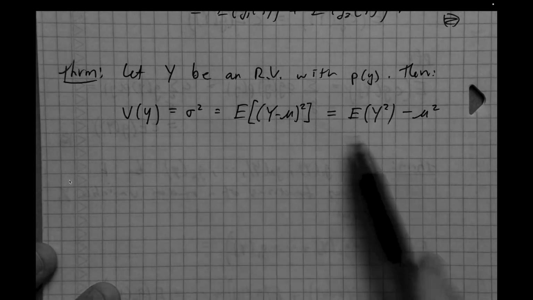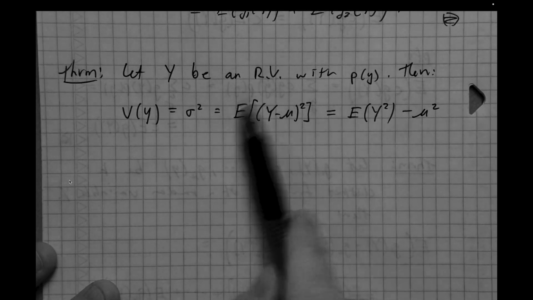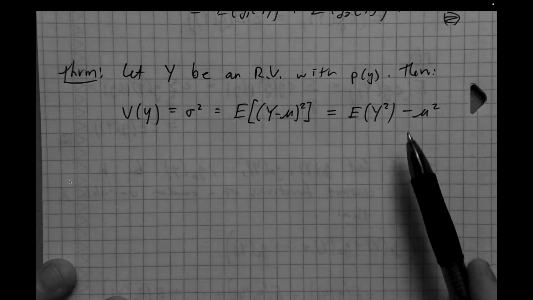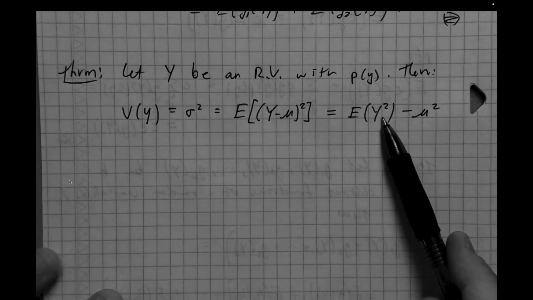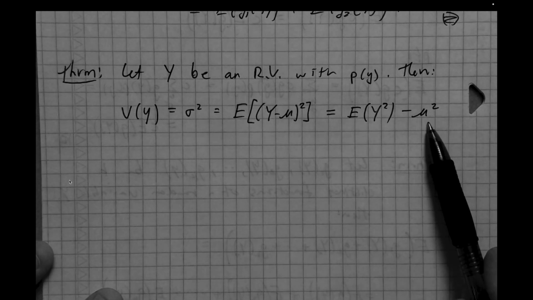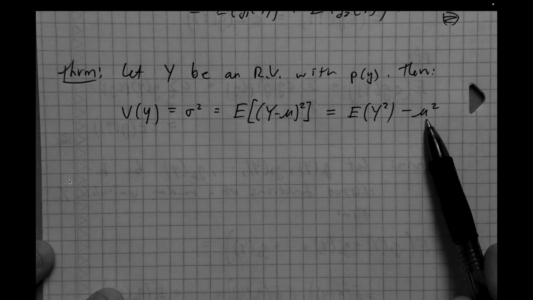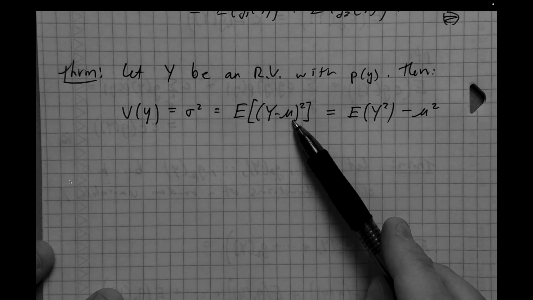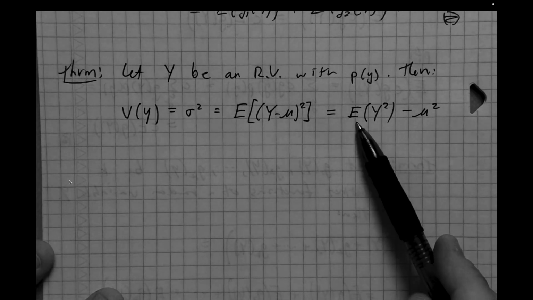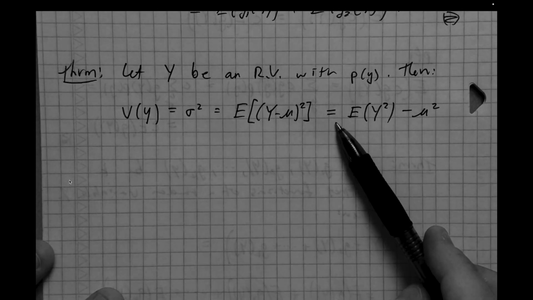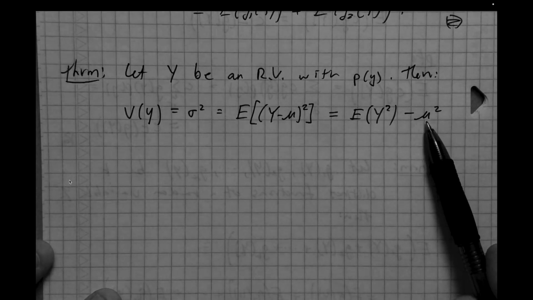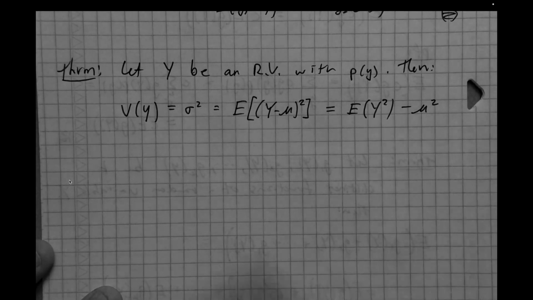So the variance can be calculated using this formulation. This only works if you know the expected value of y to begin with, which you probably do if you're going to do it this way. So if you know what mu is, you can calculate the variance by calculating the expected value of y squared and subtracting from that the square of the mean.